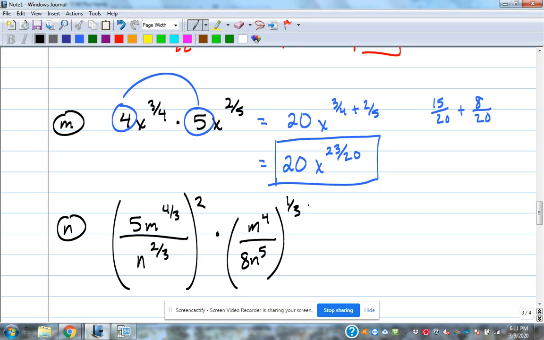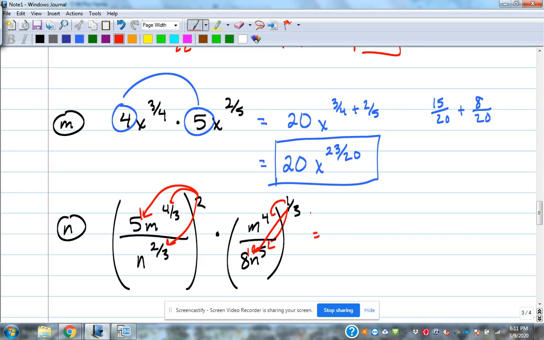But the key is to work each fraction individually first and then put it together. So the exponent rule is to multiply this 2 to every exponent. That 5 has an exponent on it. It's a 1. This 8 has an exponent on it. It's a 1. So you're multiplying this 1/3 to everything there.